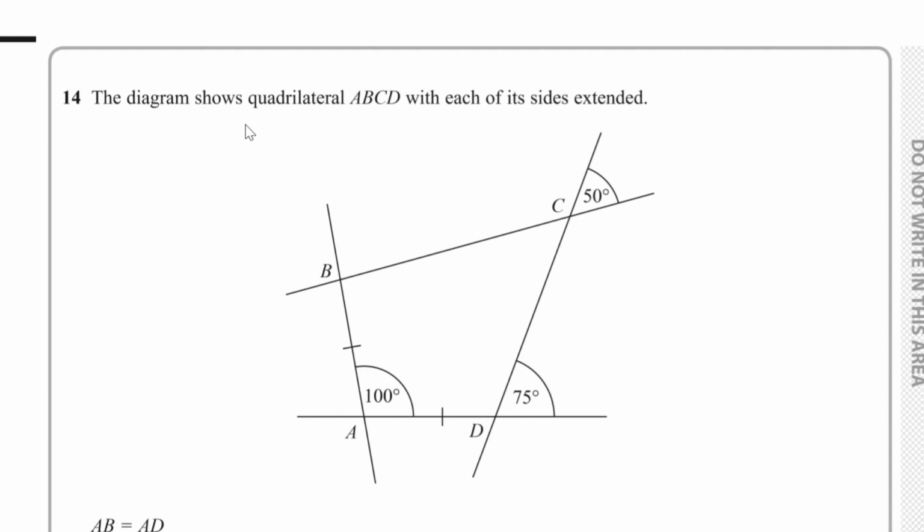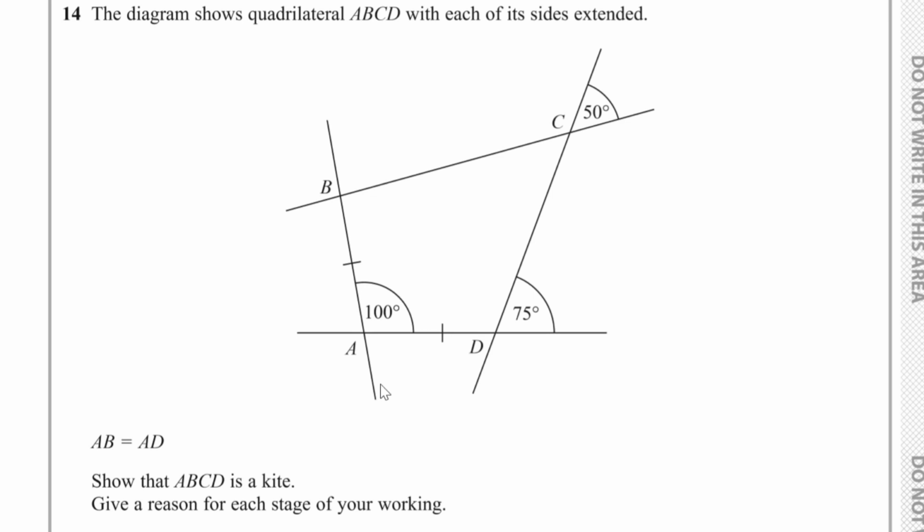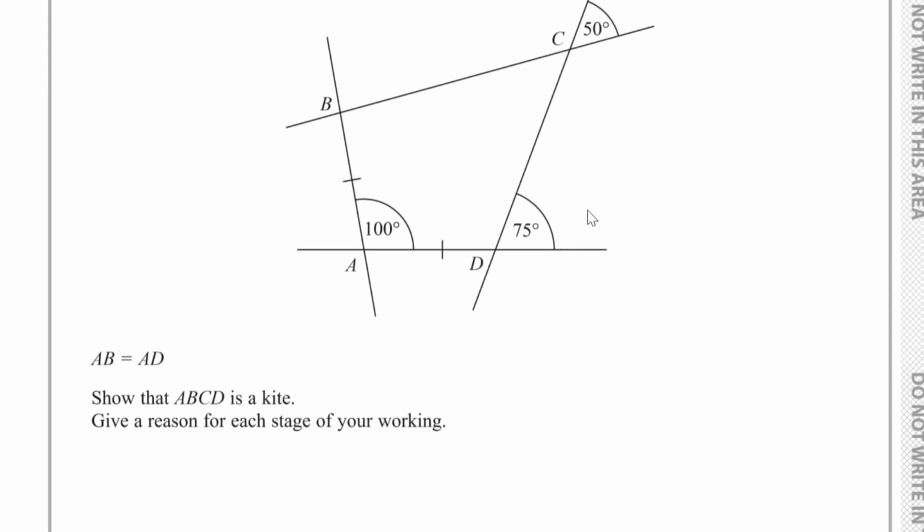Question number 14. The diagram shows a quadrilateral ABCD with each of its sides extended. AB is equal to AD, and we have to show that ABCD is a kite. Give a reason for each stage of your working. Well, we've got this angle 100, this angle 75, and this angle 50. What we can do is find out some missing angles.